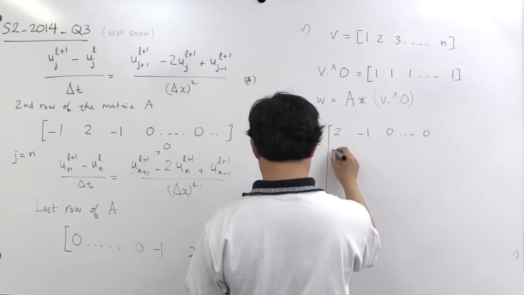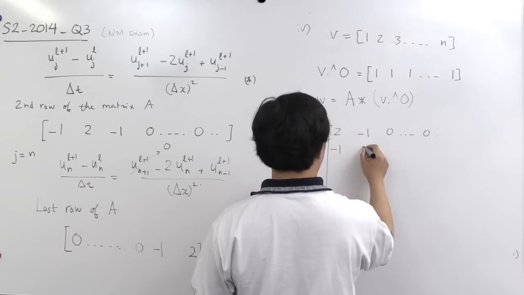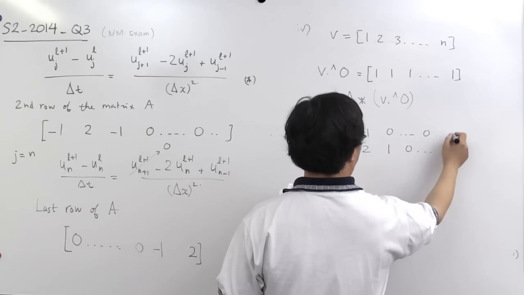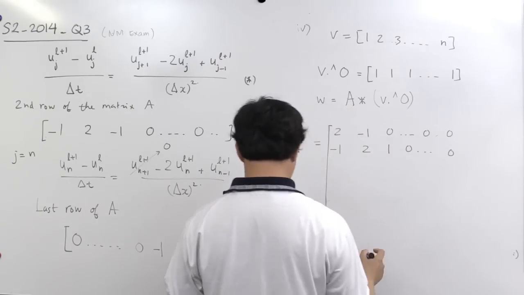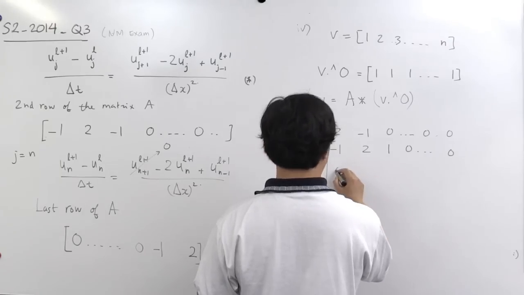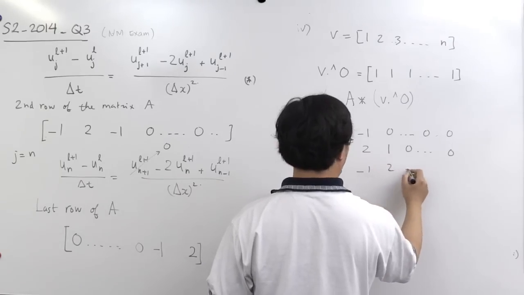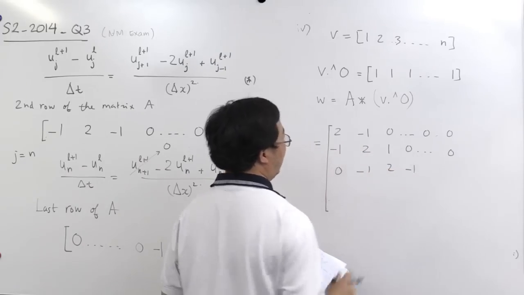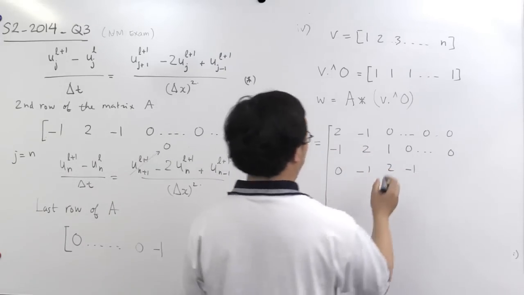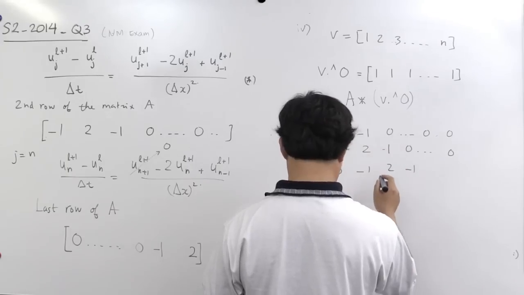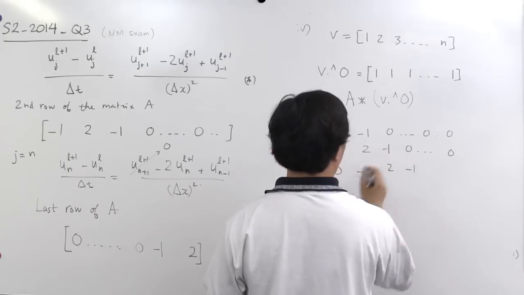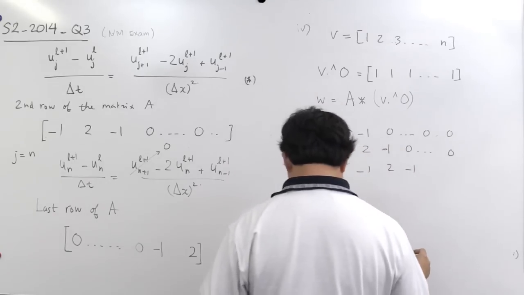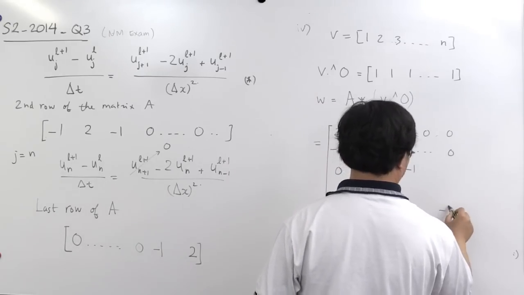For the second row, you have minus 1, 2, minus 1, and 0, 0 up to the end. And here you have 0, minus 1, 2, minus 1. So you see the pattern: minus 1, 2, minus 1. And then the very last row, you just have minus 1 and then 2.